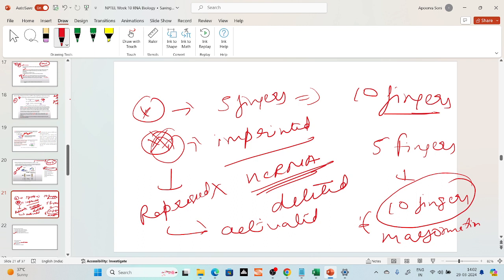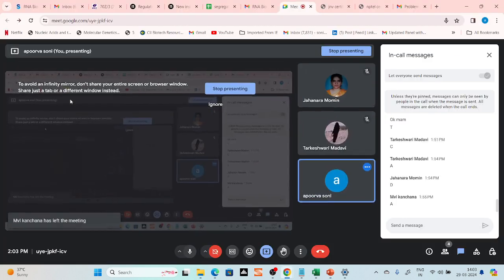That means during embryonic development, a particular gene should be expressed only up to the level it is required. If more than one gene is expressed simultaneously, then you will have abnormal growth, and that abnormal growth will lead to a malformed body, and that is homeosis.